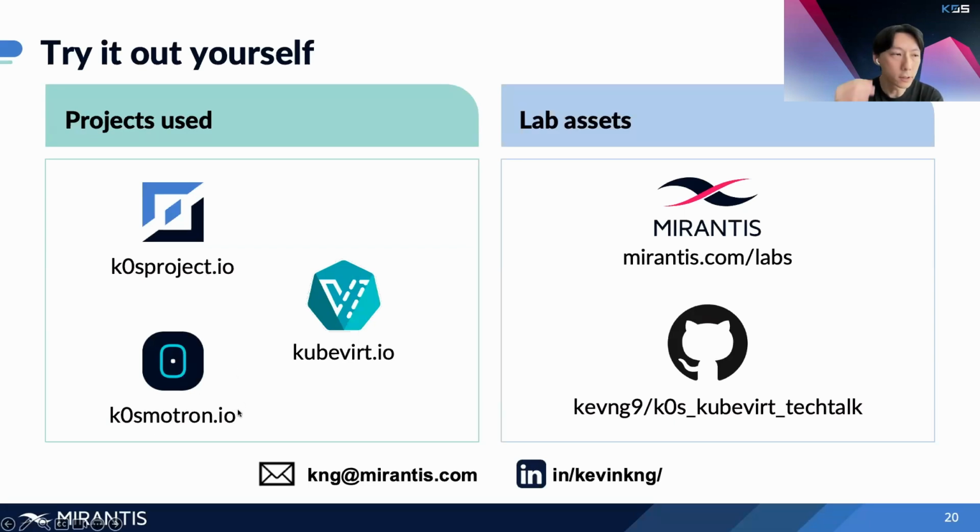Cosmotron.io is not actually being used in this, but it is a way to deploy k0s onto whatever environment you like. This is what gives you your cloud mobility and deploys controller components as pods. So it's Kubernetes within Kubernetes. So you actually have smaller clusters deployed on demand and easy to manage. And then KubeVirt.io, which gives us the virtualization capabilities on top of Kubernetes.